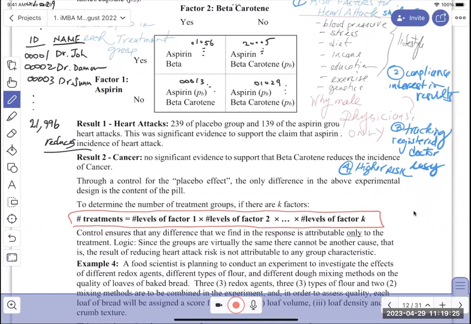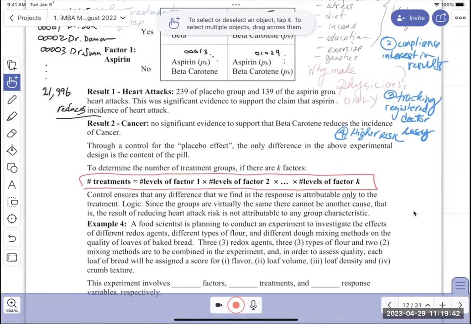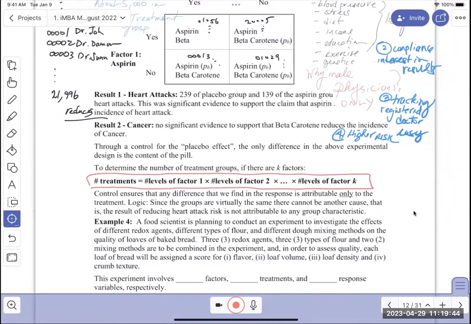Control ensures that any difference that we find in response is attributable only to the treatment. The logic is that since the groups are virtually the same, there cannot be another cause. That is, the result of reducing heart attack is not attributable to any group characteristic. So they're systematically the same in a broader sense.